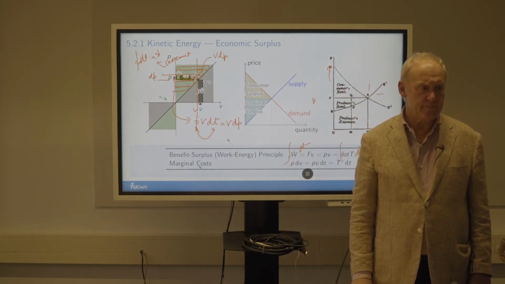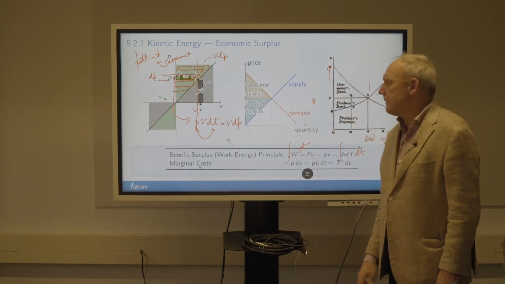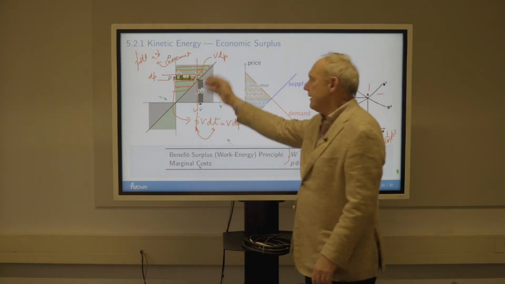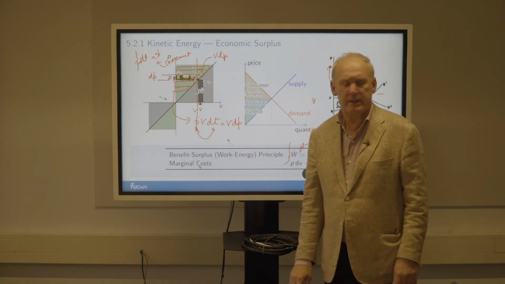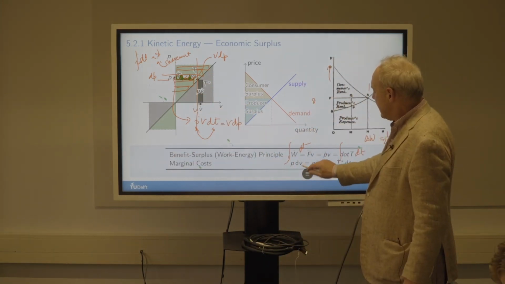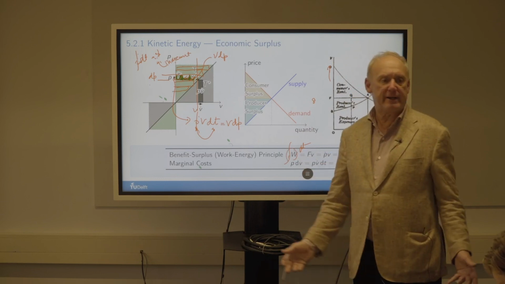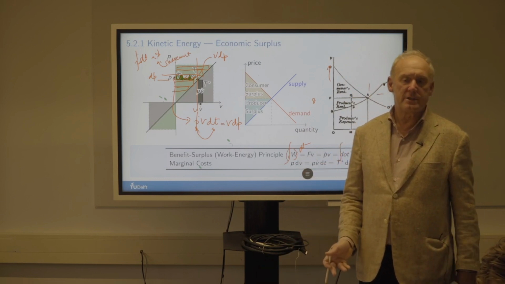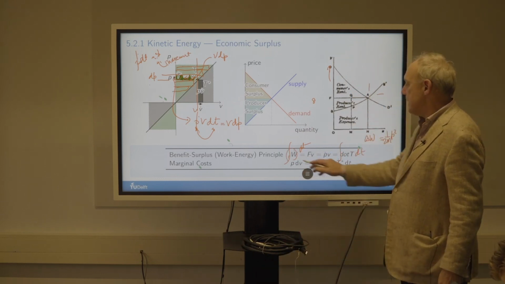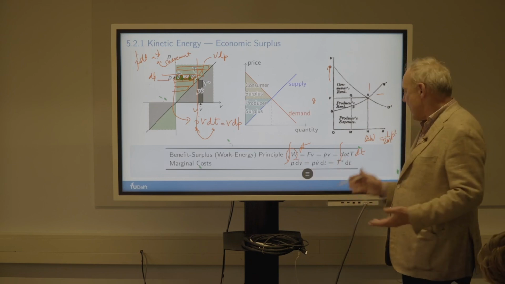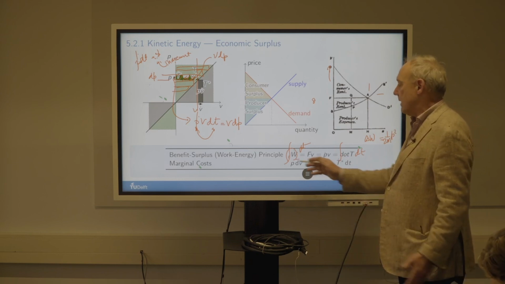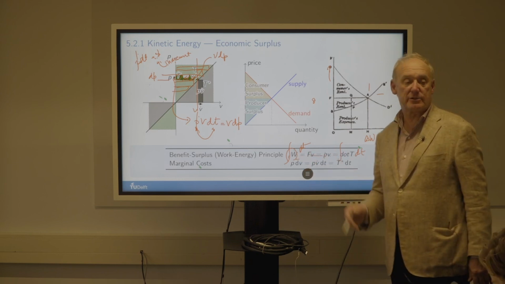Now you could say this is graphically all very simple, but the point here is that I started off with benefits. That's all I knew. And the only way I was able to get some kind of function out of there was by doing this little trick.